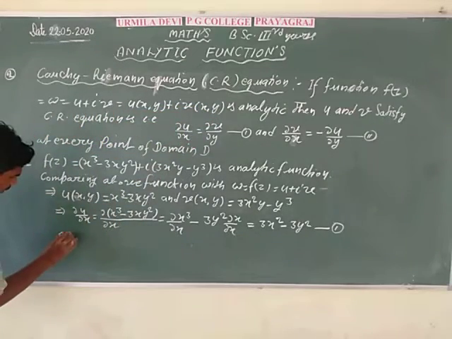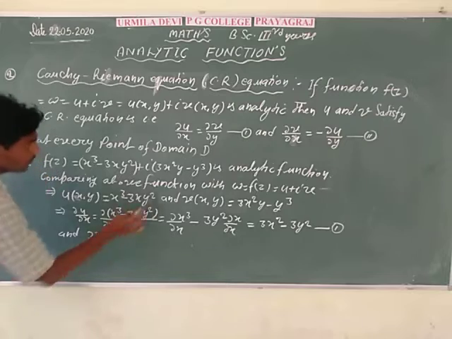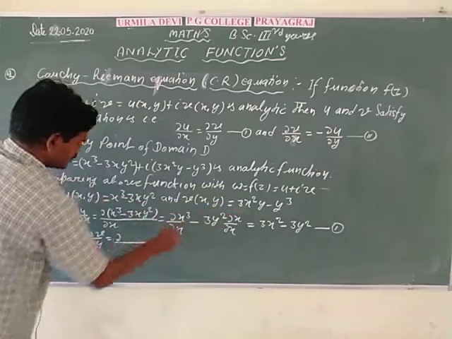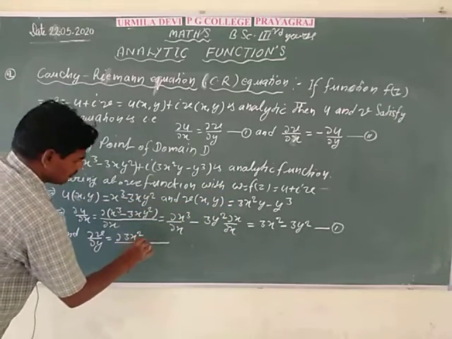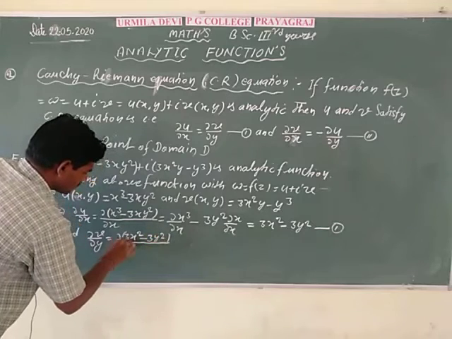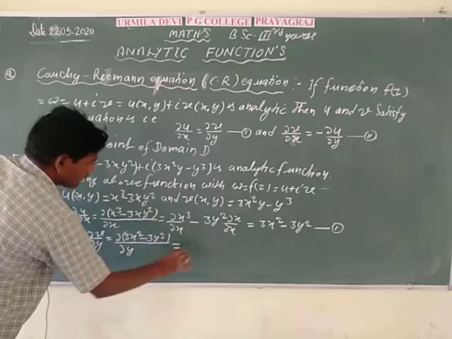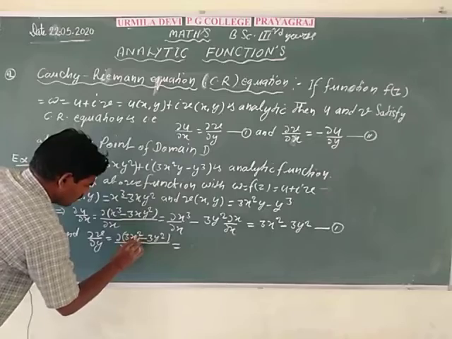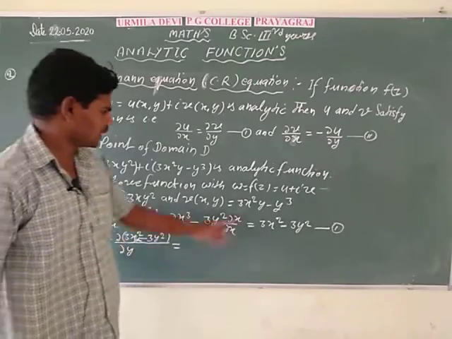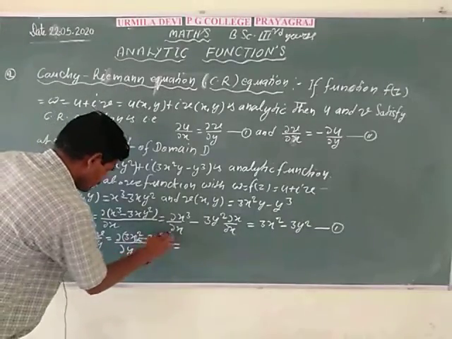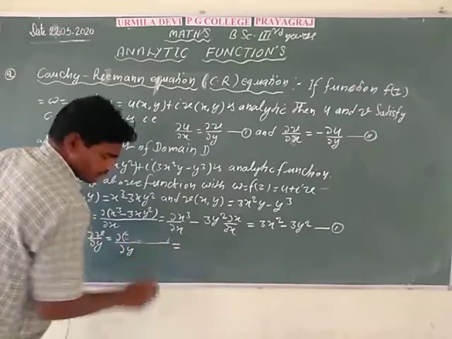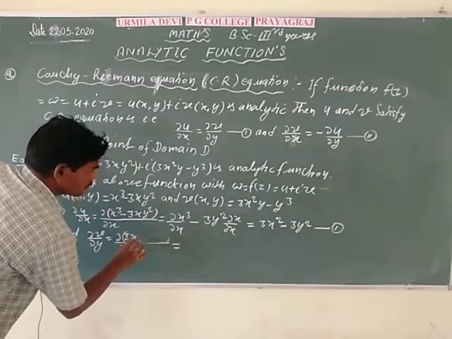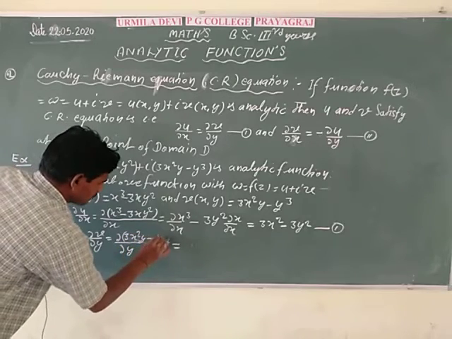Del v by del y, putting the value of v, which is 3x square y minus y cube.